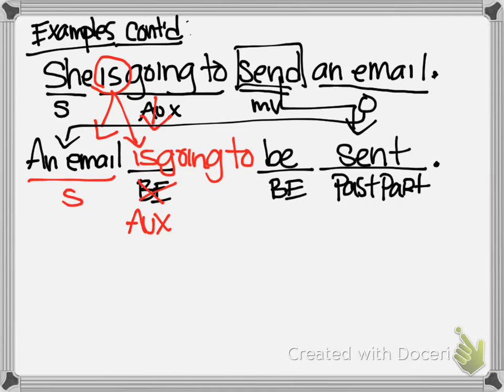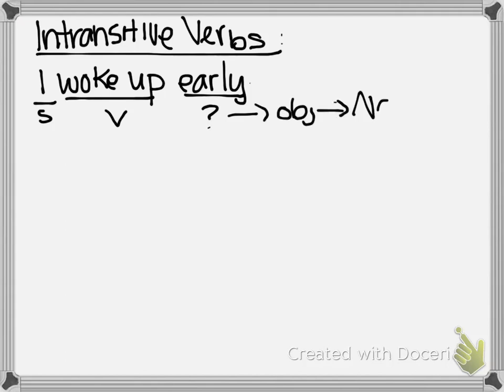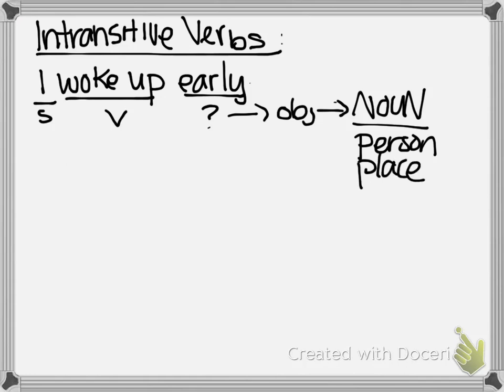Okay, now let's take a look at using an intransitive verb. So let's take a look at this one. I woke up early. So again, if we start with step 1, our subject is I, woke up is our verb. We have a phrasal verb. And then we have early. What is that? It's definitely not an object. An object is supposed to be a noun. And a noun is a person, place, or thing.